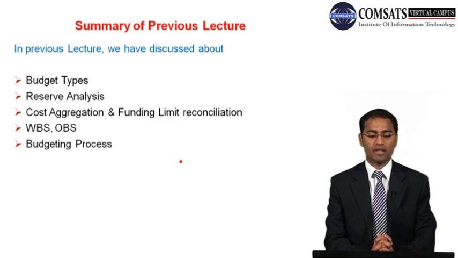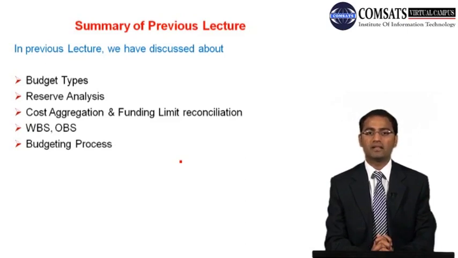And then we discussed reserve analysis in the relevant slides, as well as at the end in the summary. Reserve analysis gives you the amount you are in need of beyond the estimated cost. There are two types of reserves we have as project manager: the contingency reserve, and the second one is the management reserve.